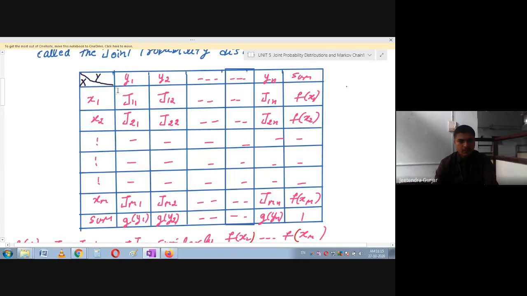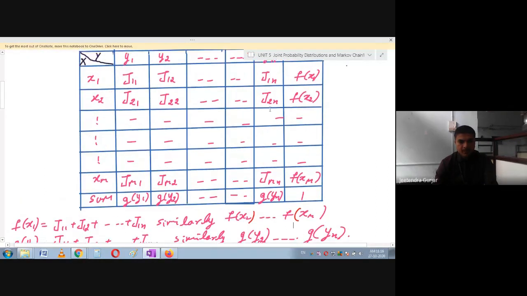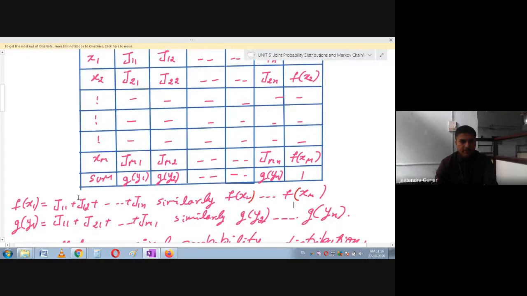Similarly, we are going to go for y. So j11, j21, similarly jm1, will give you g(y1). This is also a marginal distribution. Like this, the values will be distributed in this matrix, students. So now f(x1) is nothing but j11 plus j12 plus till j1n.